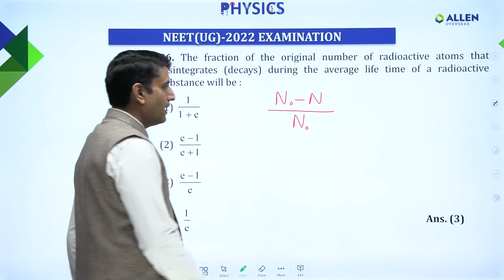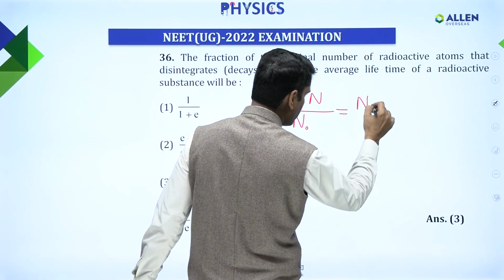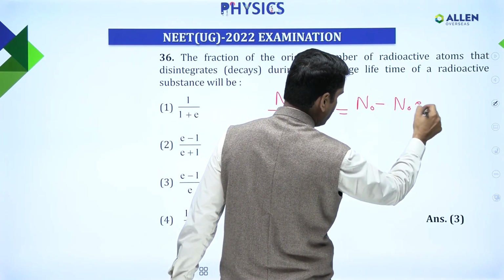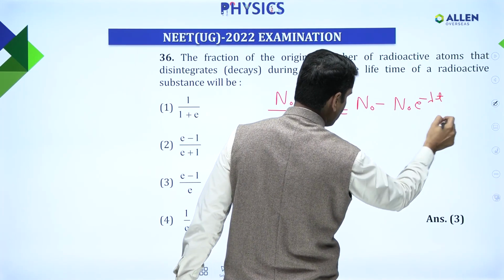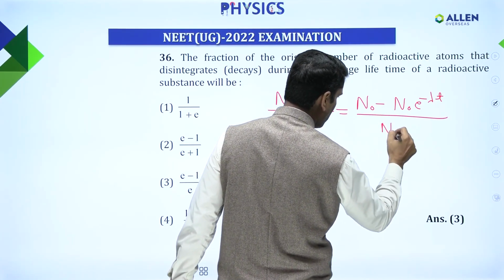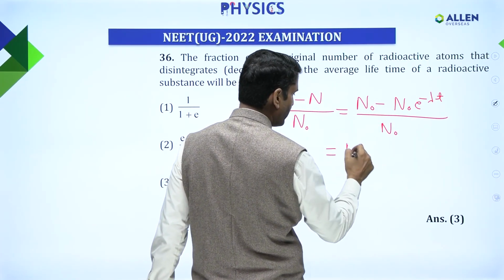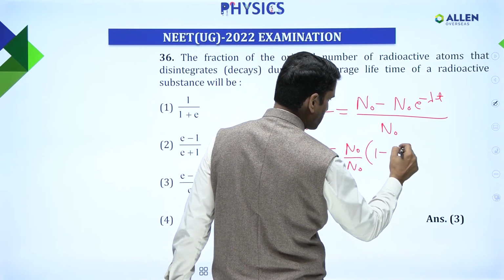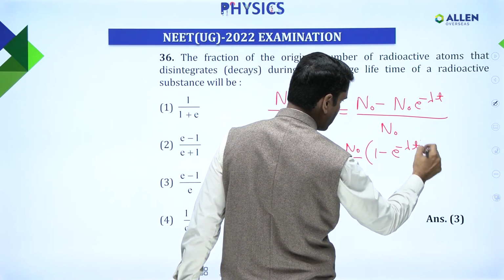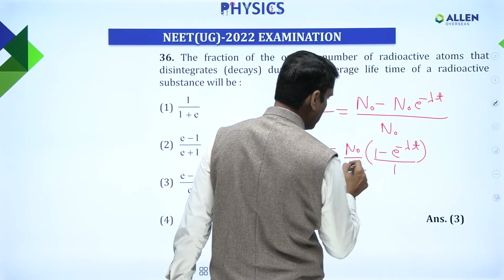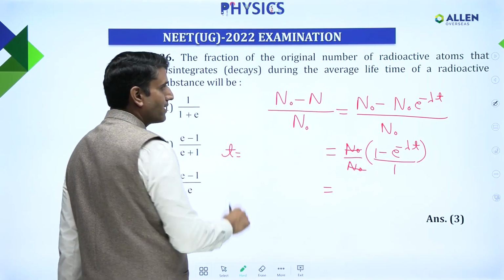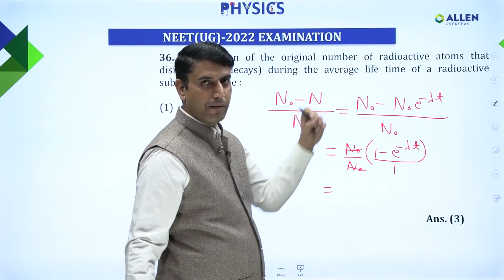As we know, it would be N naught minus N, that is N naught e raised to minus lambda t, divided by N naught. From here we can take N naught common. It would be 1 minus e raised to minus lambda t upon 1. N naught cancelled out. Now, what is time? Time is the average lifetime.